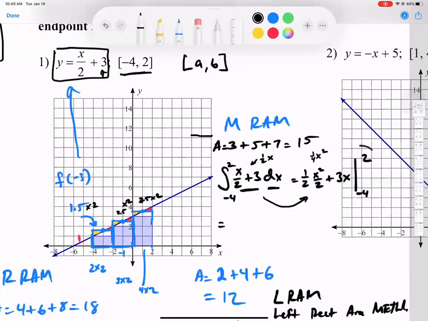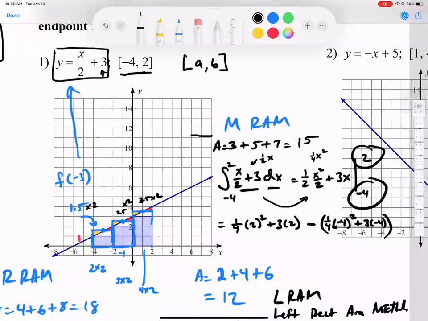We're going to plug in the top minus the bottom. So let's plug in the top, which is 1 over 4 times 2 squared, plus 3 times 2, minus the bottom version, which is 1 over 4 times -4 squared, plus 3 times -4. I want to pause here to make sure you guys catch everything I plugged in.